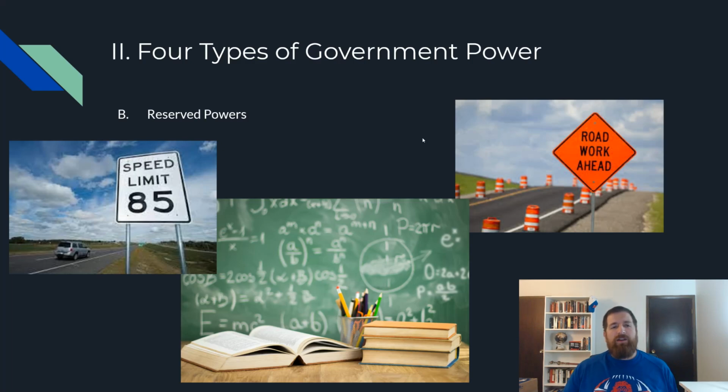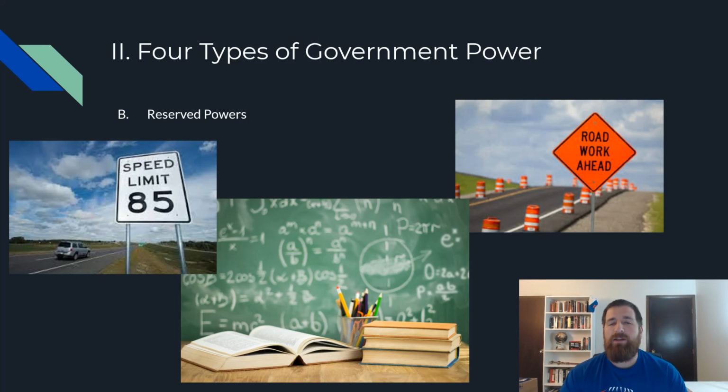All right, let's move on to the three other types of powers. First is reserved powers. These are powers reserved specifically for the states. According to the 10th Amendment of the Constitution, any power not expressly written in the Constitution or not implied by the Constitution is automatically given to the states.